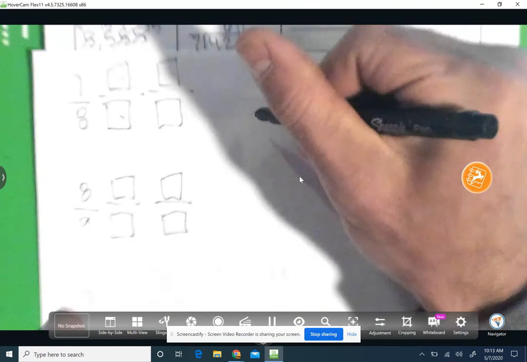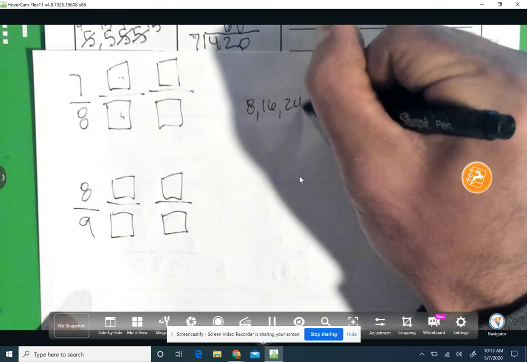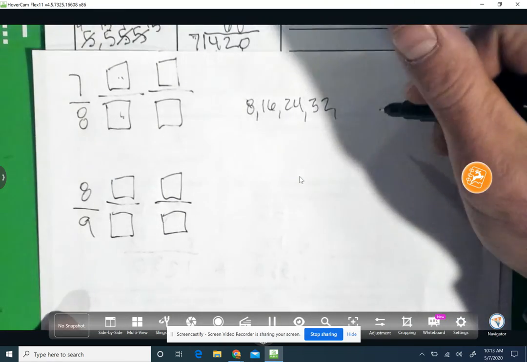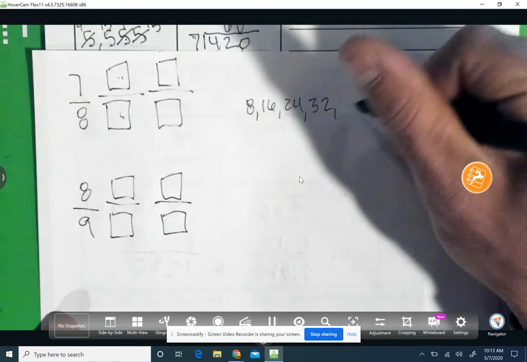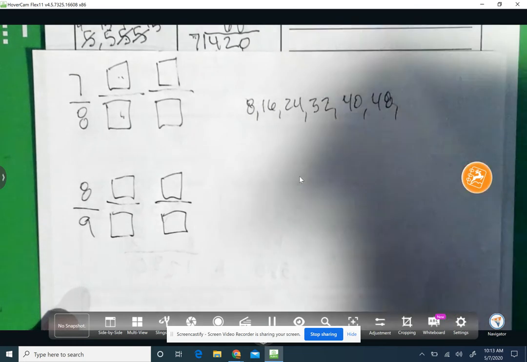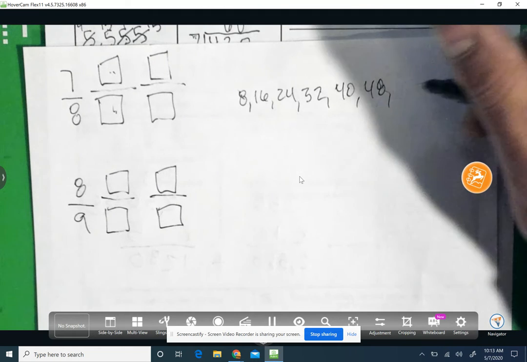So let's list the multiples of 8. We have 8, 16, 24, 32. Still haven't hit one that is similar to 9. I'm going to go 40, then 48. I still don't think I've hit one that's equivalent to 9.